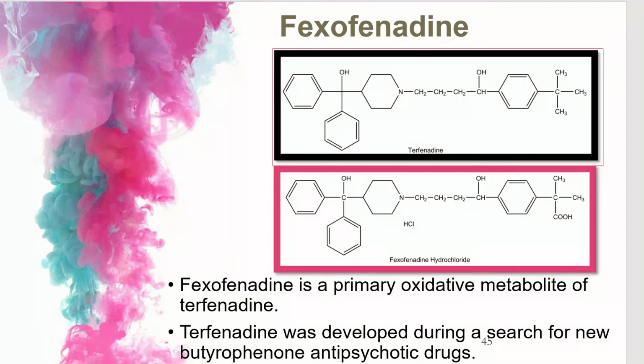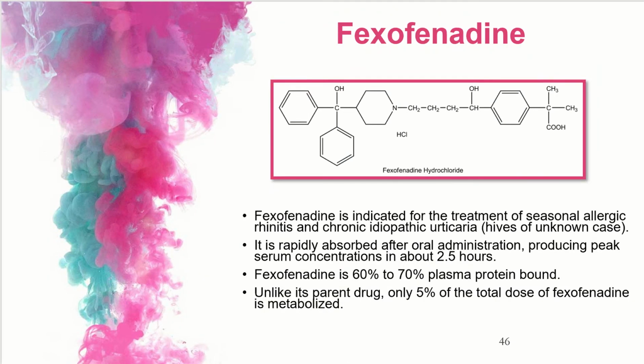So a lot of our pharmaceuticals, the intended purpose wasn't necessarily what it turned out to be, but it was, however, useful for something else. Fexofenadine is indicated for the treatment of seasonal allergic rhinitis and chronic idiopathic urticaria, which is hives of unknown cause.